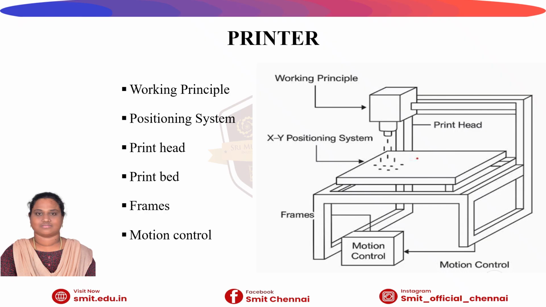The print head jets tiny droplets of material or binder only at required locations to form a layer. The motion control system synchronizes the movement of print head and the print bed, while the frame provides structural stability and alignment. After each layer is deposited and solidified, the print bed moves down slightly and the process repeats layer by layer until the 3D object is completed.